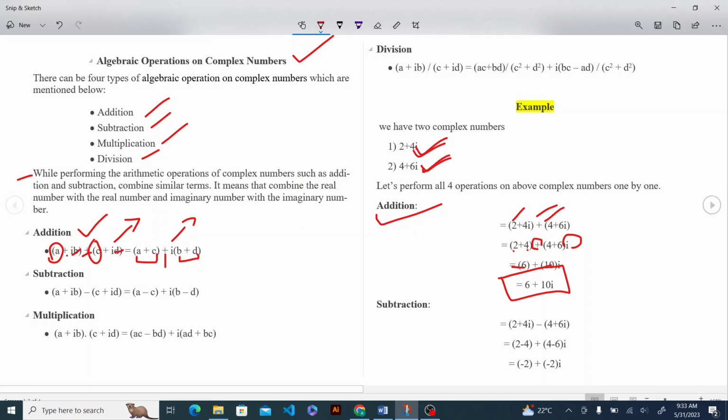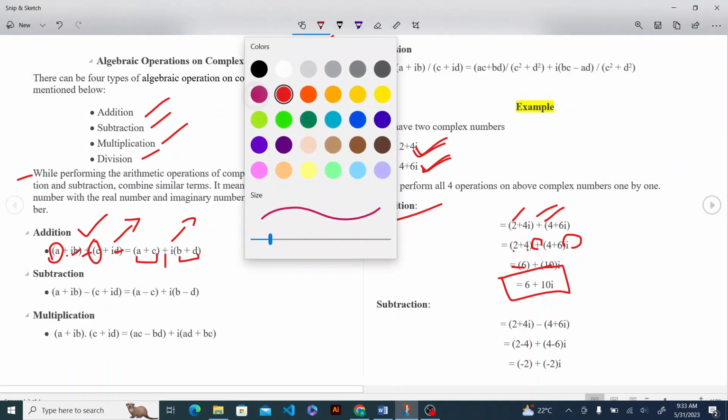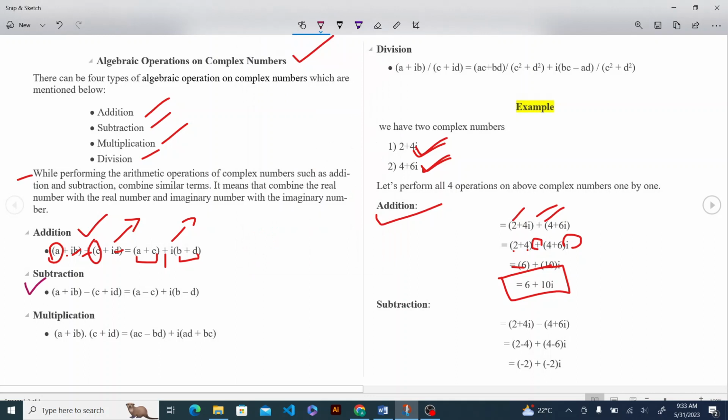Now let us see subtraction, the second operation to be performed. For subtraction, we are subtracting the second complex number from the first complex number. We have to combine the real parts and the imaginary parts. For subtraction, obviously we will place a minus sign here, a minus c, and then the plus sign will be there in between, not the minus sign.